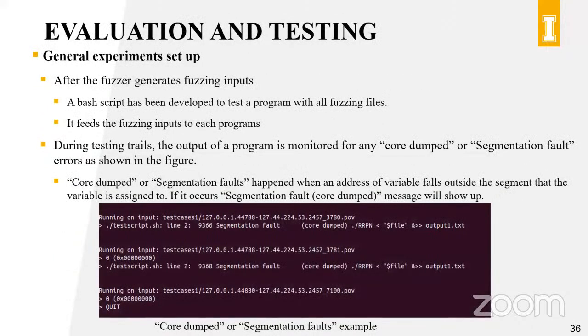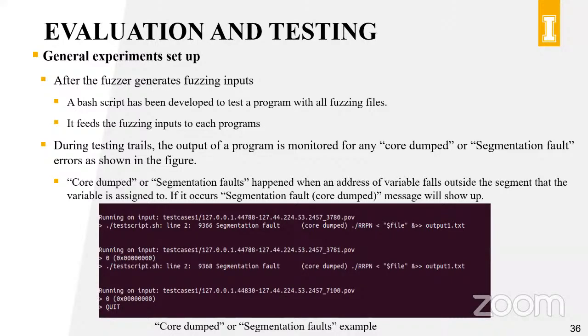So, the general experiment setup. After generating the fuzzing inputs, we created a system in a bash script for testing that has been developed to test the program with all fuzzing files. It feeds the fuzzing files to each program. During the testing trials, we monitor the output of the program for a core dump or segmentation fault.